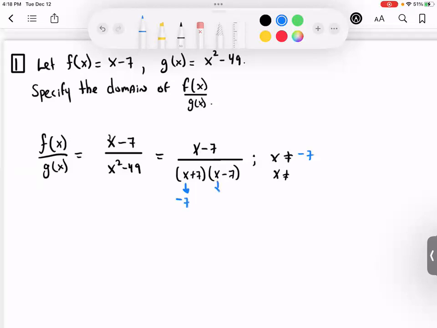In addition, if you have x minus 7, then what value of x would make that binomial 0? 7. So x cannot be equal to 7.